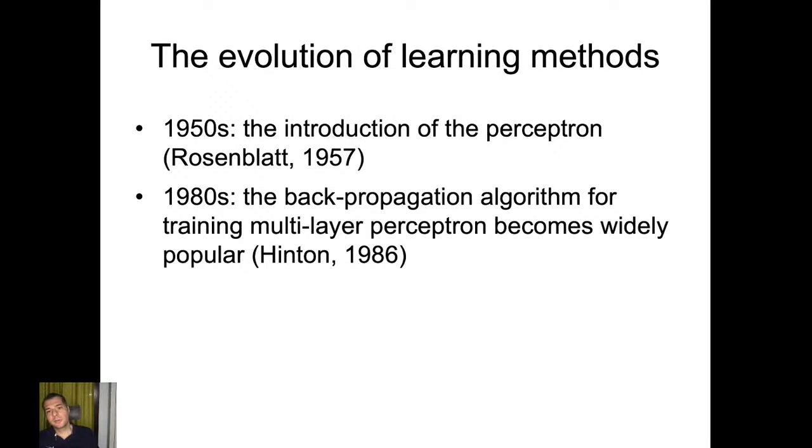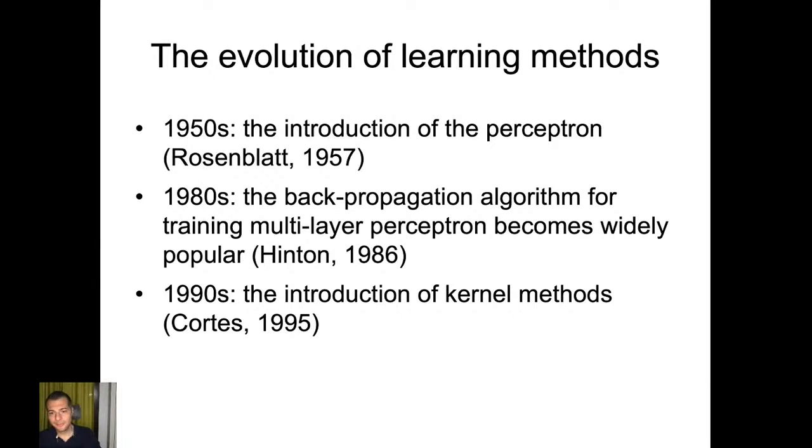Okay, so first, in about the 50s, Frank Rosenblatt introduced the perceptron, and this is a linear model which is useful also to gain some insight about linear models in general. It is also the main component in multi-layer neural networks, which were introduced in the 80s.